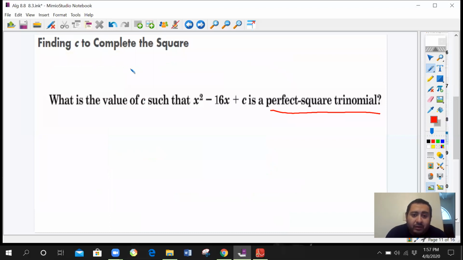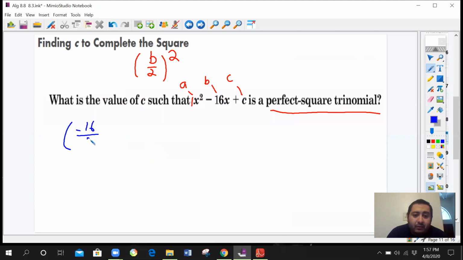Our formula is parentheses b divided by 2, close parentheses, squared. This is your A, this is your B, and obviously this is your C. We don't know what C is right now. So our B is -16.